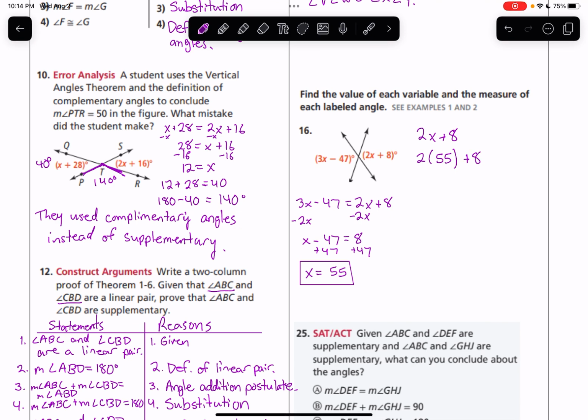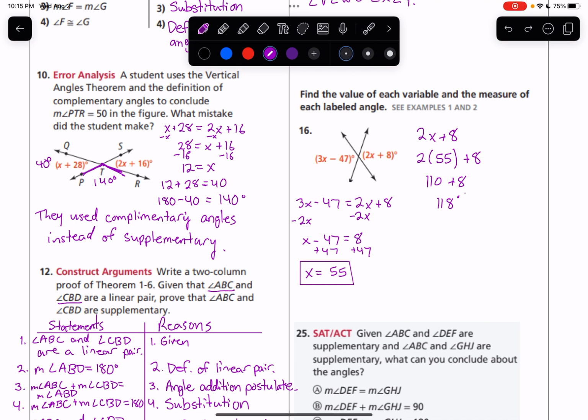And that's going to give us 110 plus 8, or 118 degrees. So both those labeled angles are 118 degrees. Once again, this program is not going to recognize my rectangle as a rectangle because I'm so bad at using the Apple Pencil. There we go.